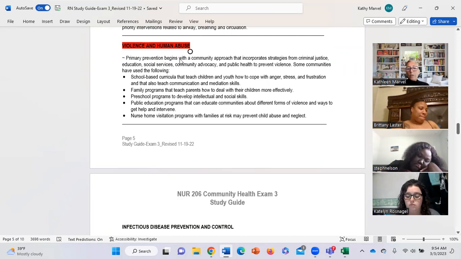So a primary prevention strategy with the community approach that incorporates strategies from criminal justice, education, social services, community advocacy, public health to prevent violence. Some communities have used the following. So here's 5 good examples that communities have done to try and reduce or prevent violence.